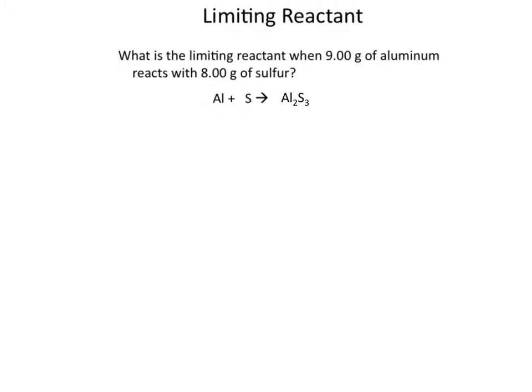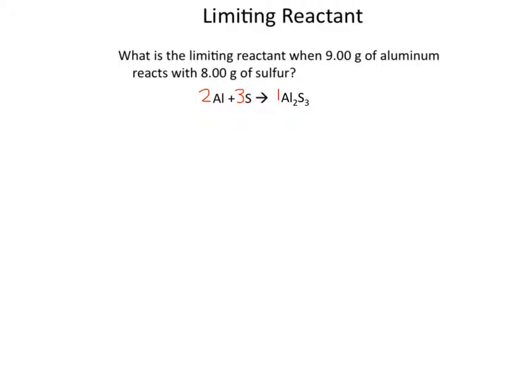So you have to count the number of atoms or elements on both the reactant and the product side. Our final balanced reaction should be 2 aluminums react with 3 moles of sulfur to produce 1 mole of aluminum sulfide.